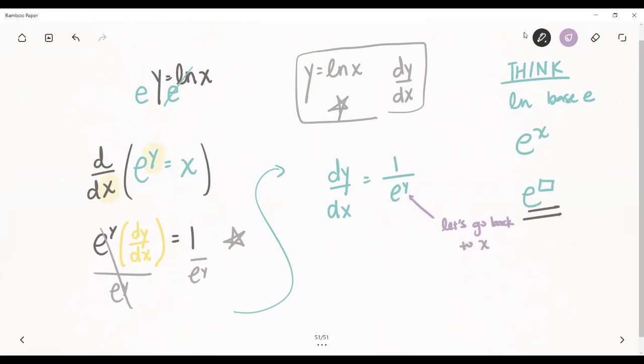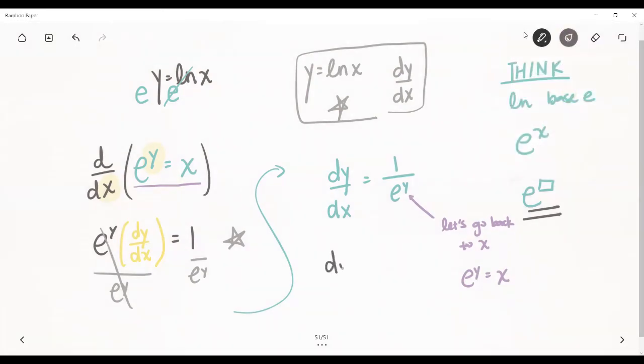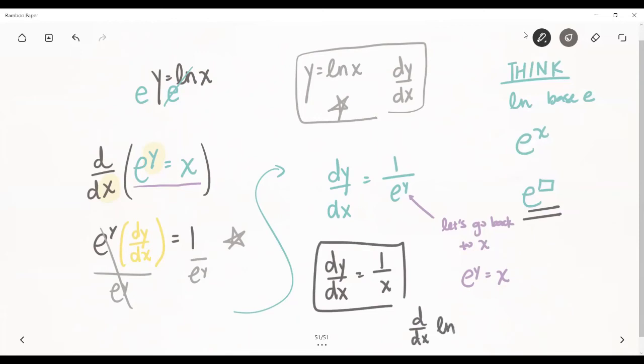And thankfully, if you look right here, e to the y is actually just equal to x. And so dy dx is equal to 1 over x. This is the derivative of the natural log. d dx of natural log of x is 1 over x.